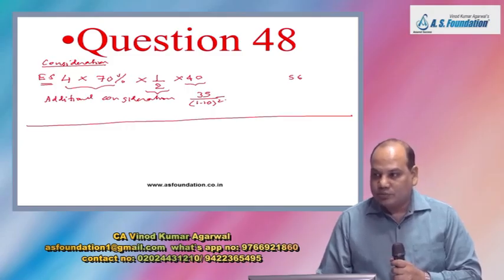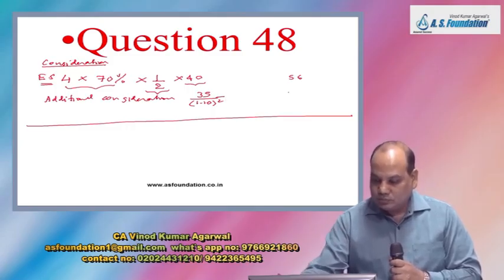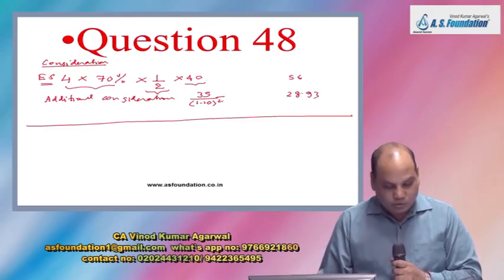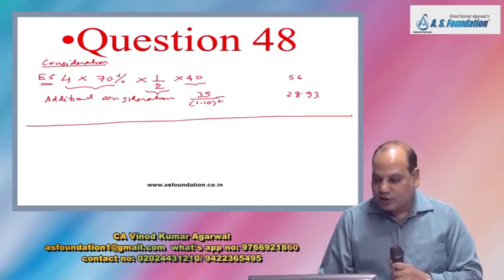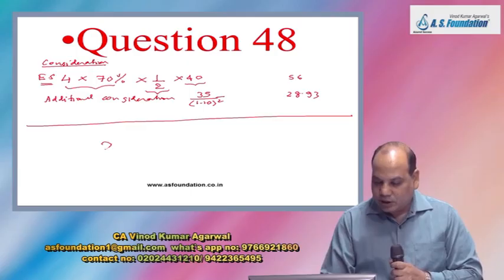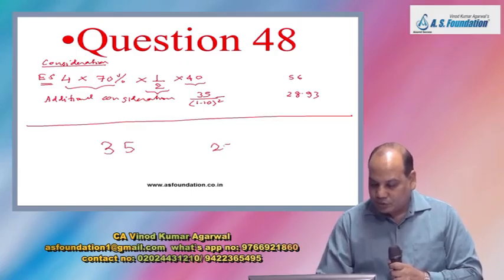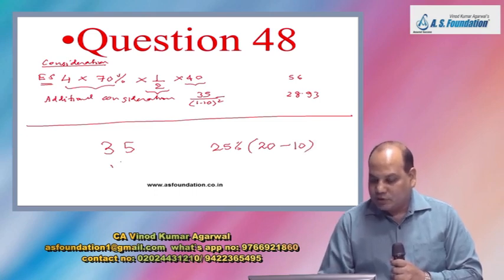So how much does it come to? 28 point something like this. So point number B will help us compute additional consideration. I will take either 35 or 25% of excess profit over preceding year profit. So this figure is very high.